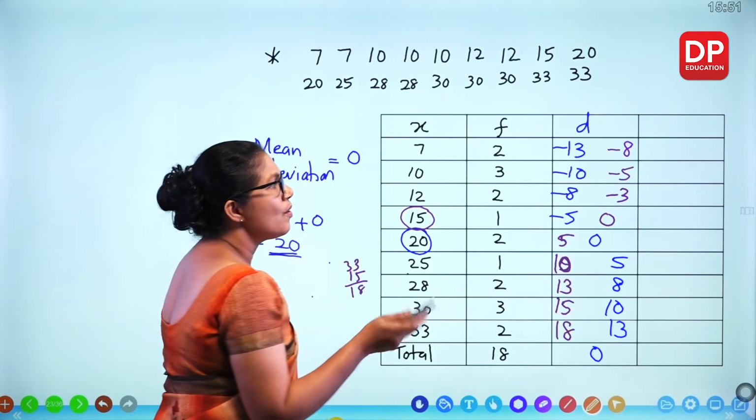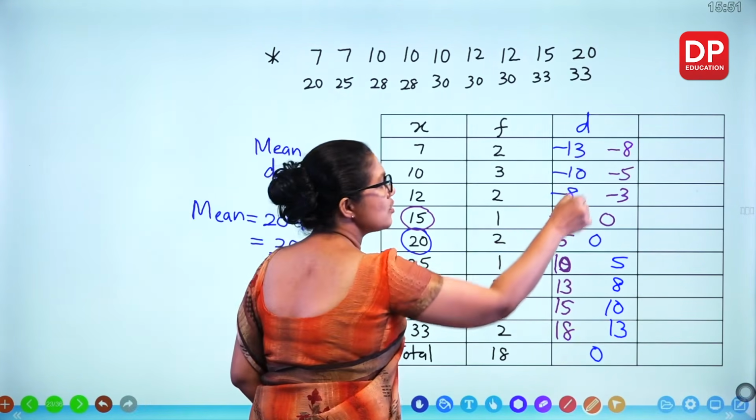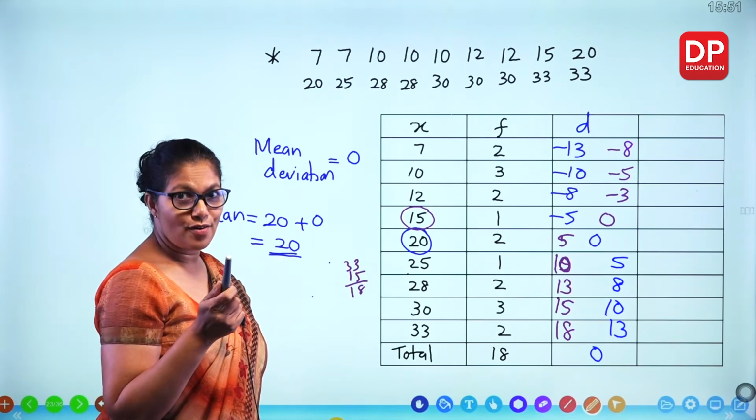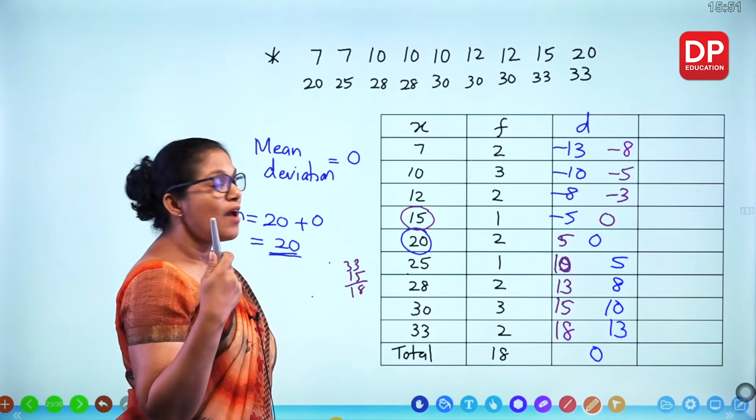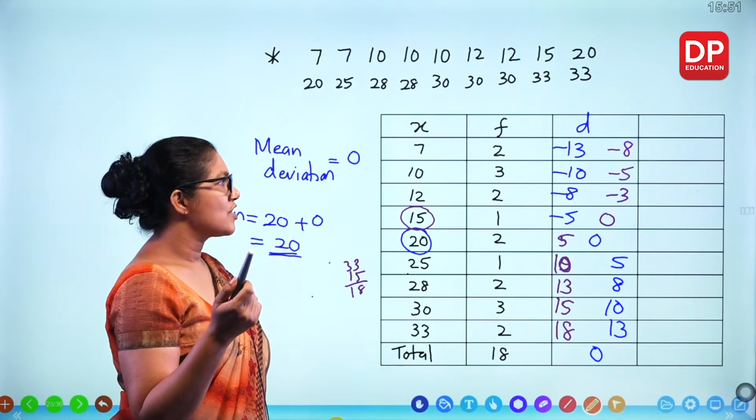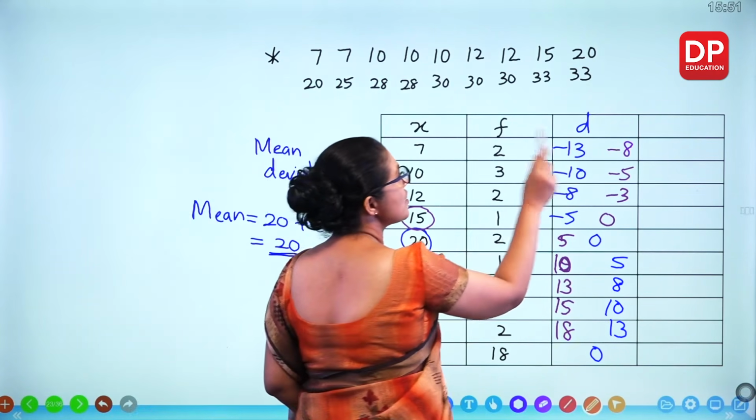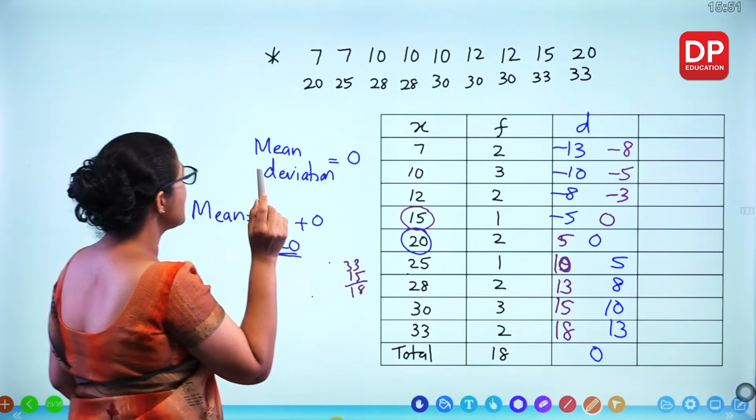Now the total deviation is not 0. Then you have to calculate the mean deviation. So how can we find out mean deviation?